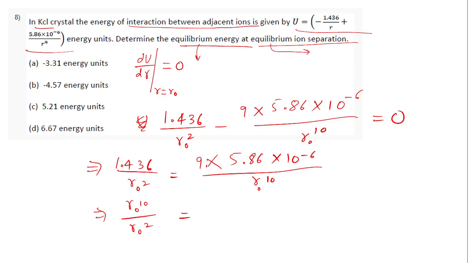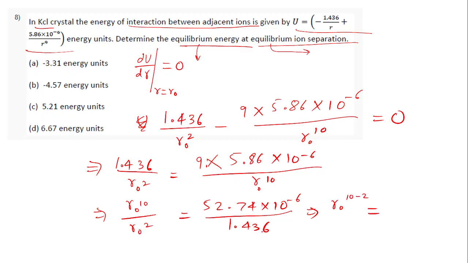So 9 times 5.86, 52.74, 52.74 times 10 to the power minus 6 divided by 1.436. This will become R naught to the power 10 and R naught to the power 2. When this comes to the numerator, this will become R naught to the power 10 minus 2.